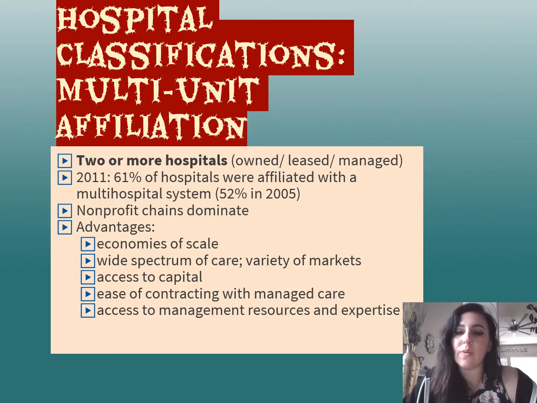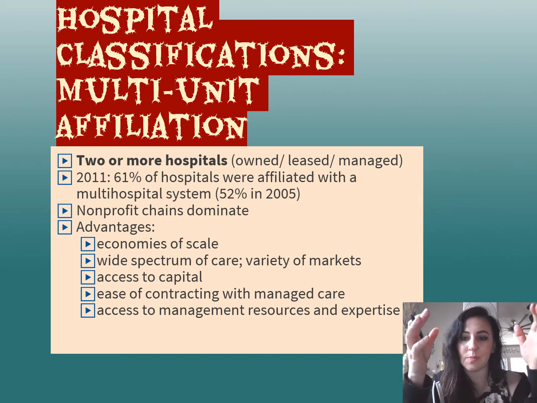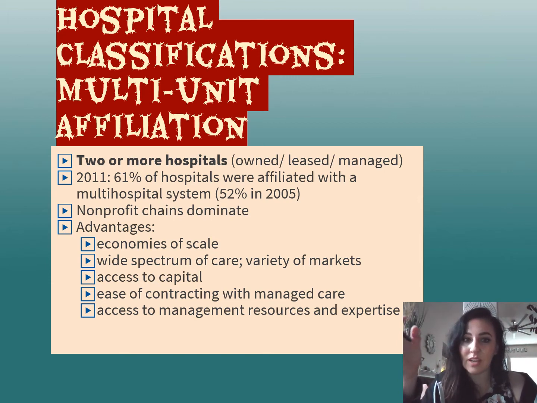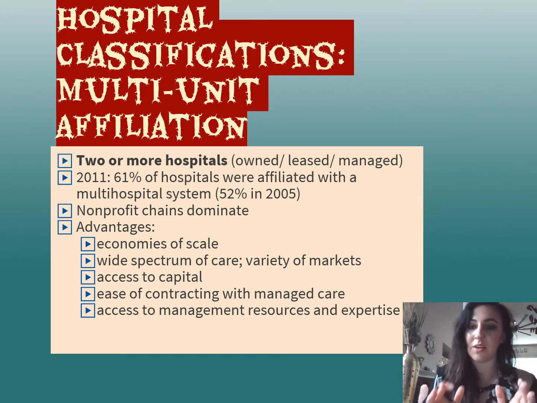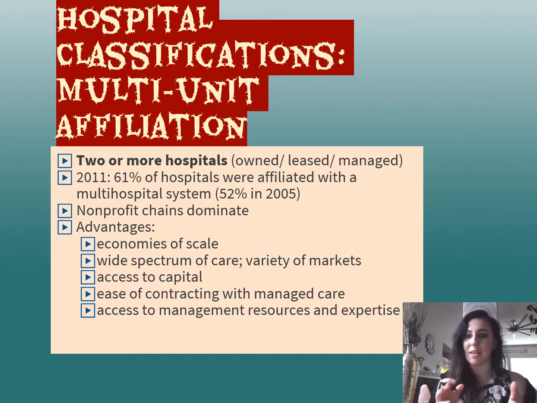Okay, so another way that we classify hospitals is based on their unit affiliation. Some hospitals are just single units, just a single hospital. It's not like a chain. And then other hospitals are a chain. They are multi-unit affiliation. So that's where there's maybe St. Mary Medical Center, and there's a bunch of St. Mary Medical Centers.